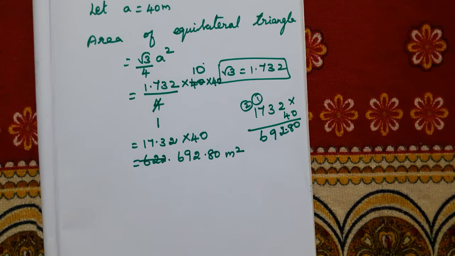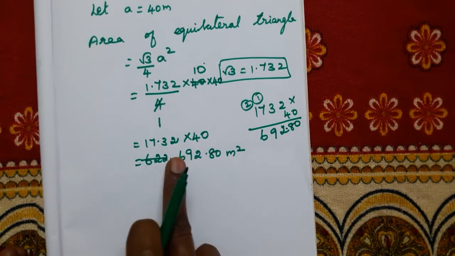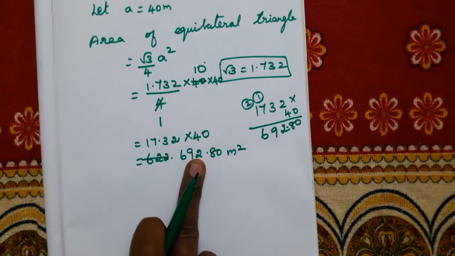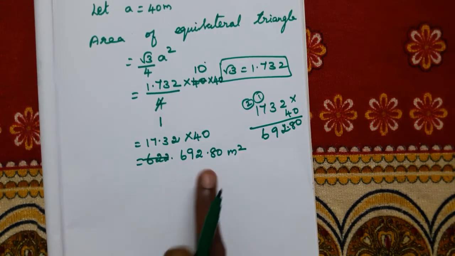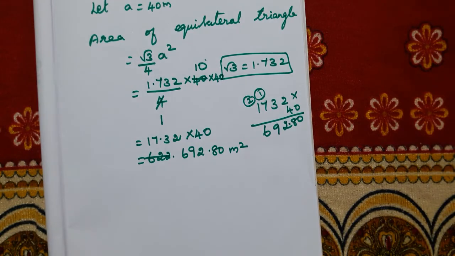Which area is spacious? Which one is? Both, everything. The three also perimeter is same. But the area for equilateral triangle should be this only, spacious. This equilateral triangular plot is spacious. Okay. Clear this?